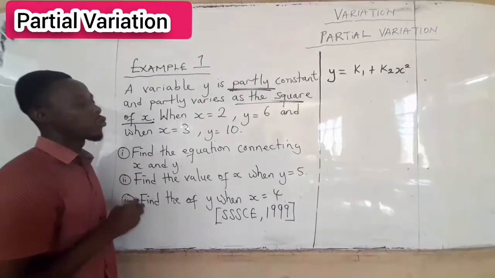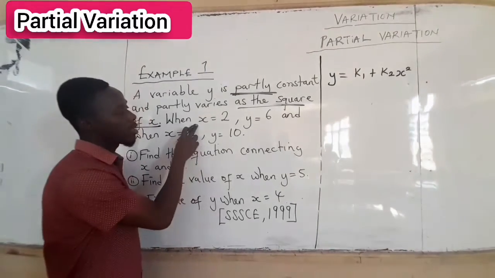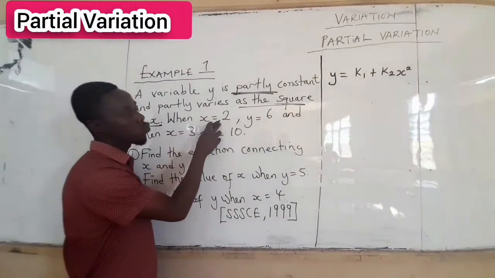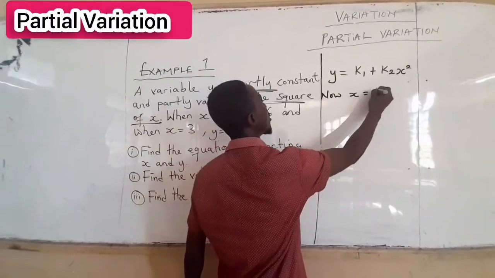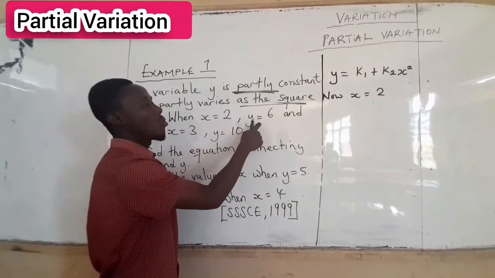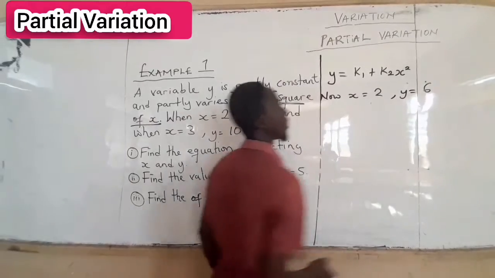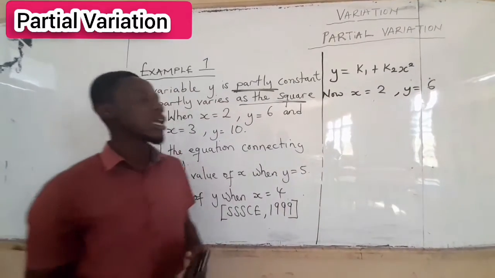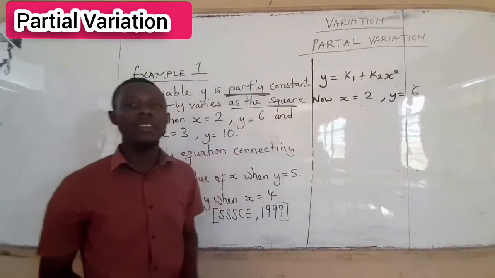Now, to get our first equation, it is saying that x is equal to 2, y equal to 6. If we put in x equal to 2 and y equal to 6, we will get our first equation.